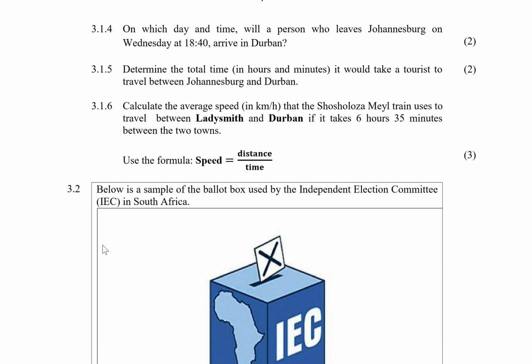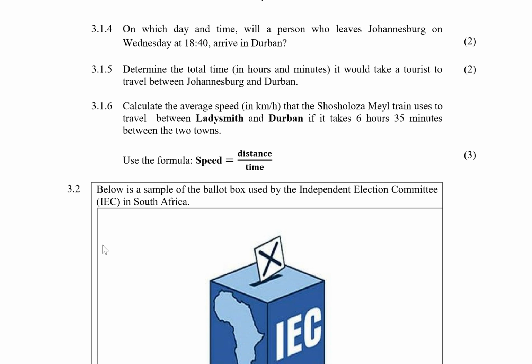Right, question 3.1.5. Determine the total time in hours and minutes it would take a tourist to travel between Johannesburg and Durban. So we will be calculating the elapsed time between the departure time from Johannesburg and the arrival time in Durban.